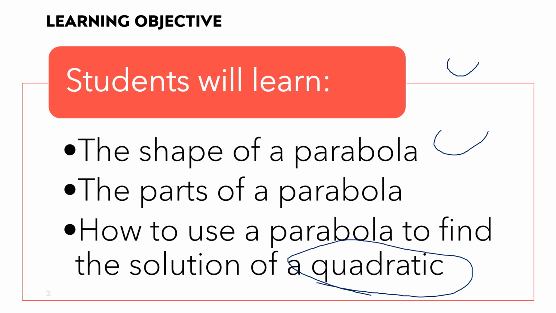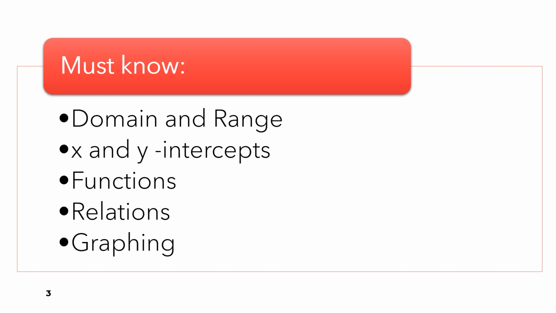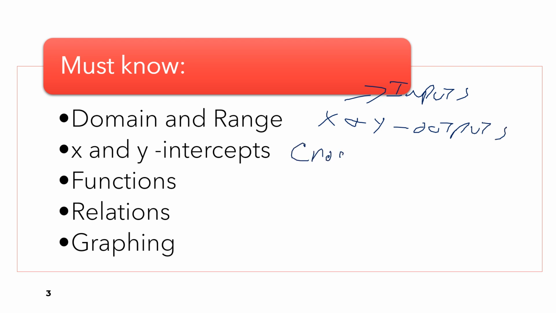There are a few things that you must know to be successful. You need to know domain and range. You know, that's your x and y, or your inputs, outputs. Your x and y intercepts are where it crosses the x or y axis. And you know this from before.